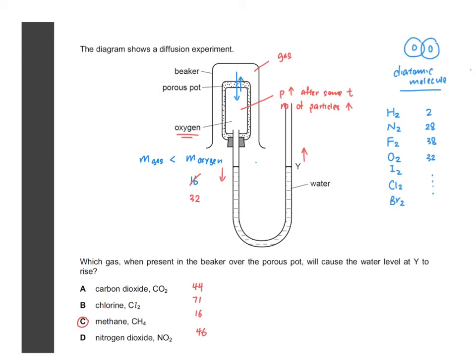Therefore, if we have methane as the gas in the beaker outside the pot, it will diffuse in faster than oxygen diffusing out. After some time, there will be more gas inside the pot. The pressure will increase, therefore the water level on the left will drop and the water level on the right will rise.